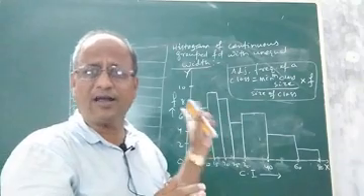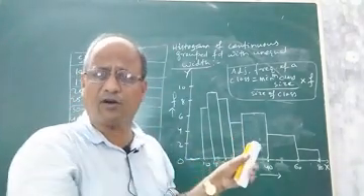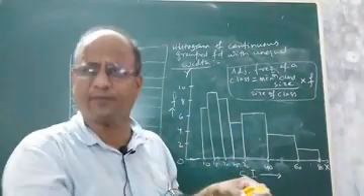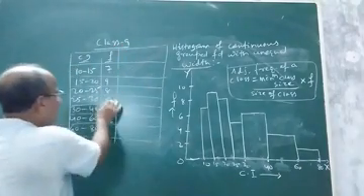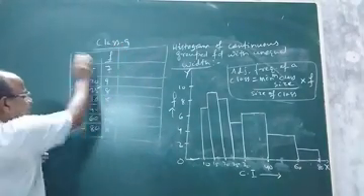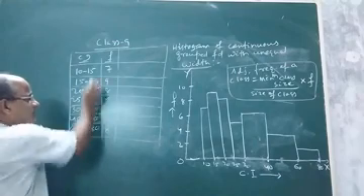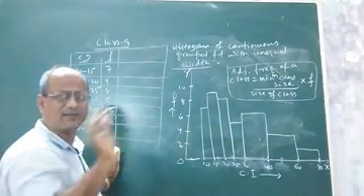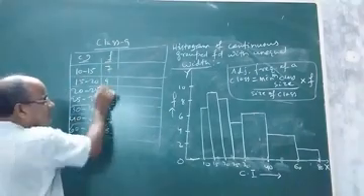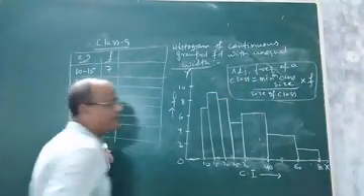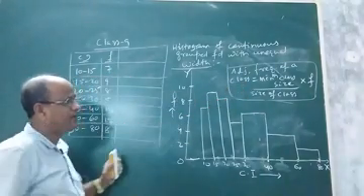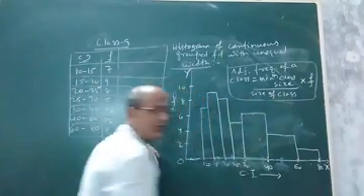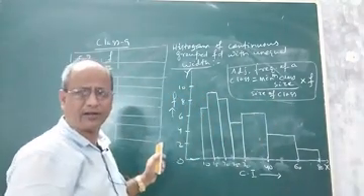So, how to find the adjusted frequency of each class interval? Now in this particular case, we saw that all classes are continuous but their width is not the same. So it is necessary to adjust the frequency. In order to adjust the frequency, you have to remember this formula: minimum class size by size of class into frequency of that particular class.